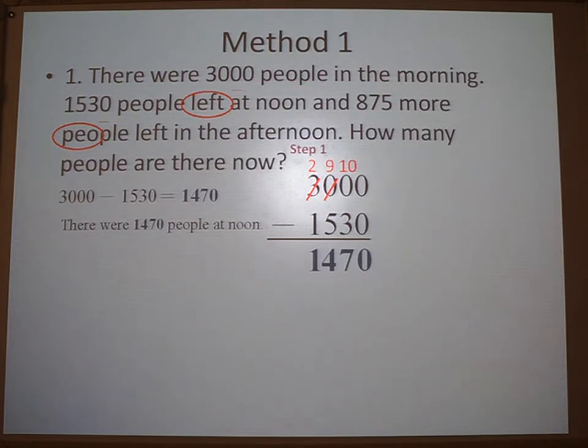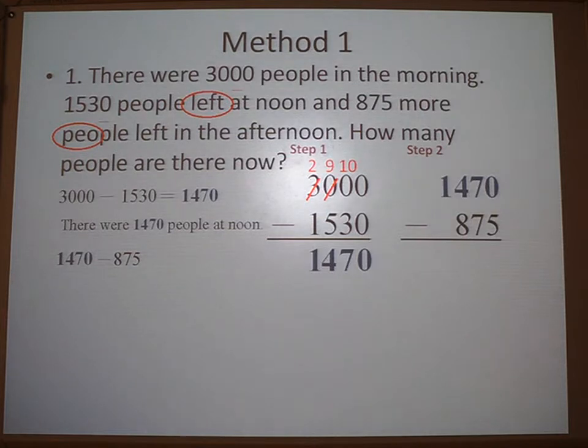Now we are going to begin step 2. We need to use the first answer to calculate. That means 1,470 minus 875 people in the afternoon because they left.